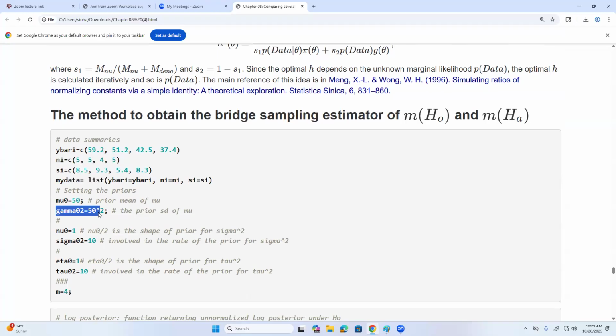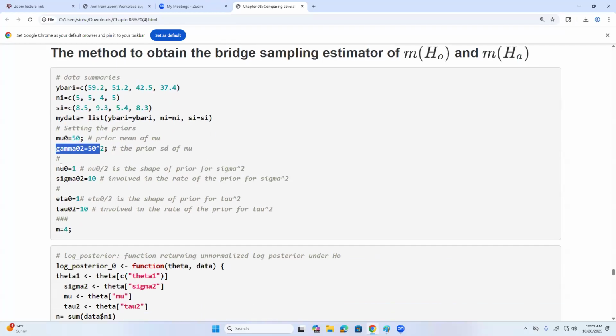I have corrected it up there, but I forgot to correct it here. And nu 0 is a parameter for sigma square, sigma 0 is again a parameter for sigma square, and eta 0 and tau 0 too.